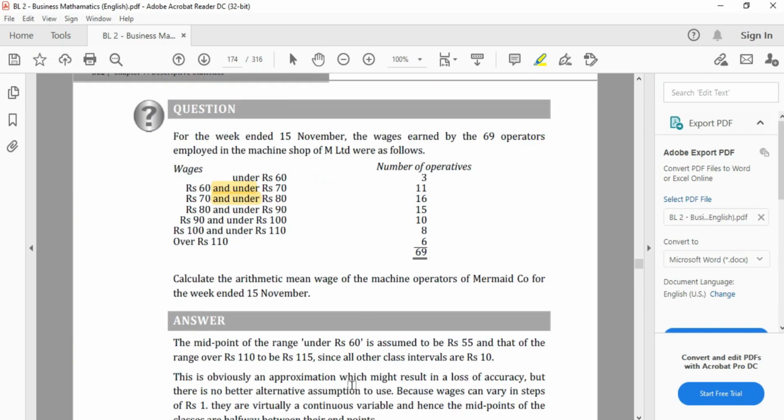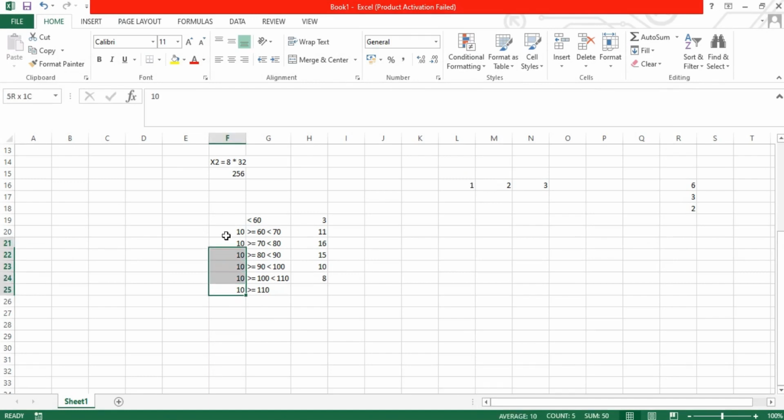So since it should be a gap of 10, you remember that we now don't write something like this. First of all, we have to ensure the same gaps are there, and if there is no end value, we have to create an end value of the same width as above, which I'm going to do by adding 10 to 110, then I'll get 120.